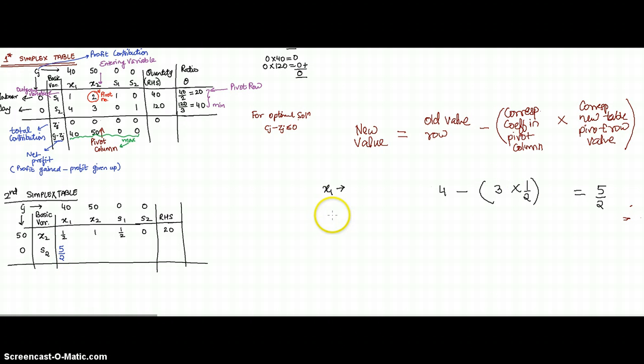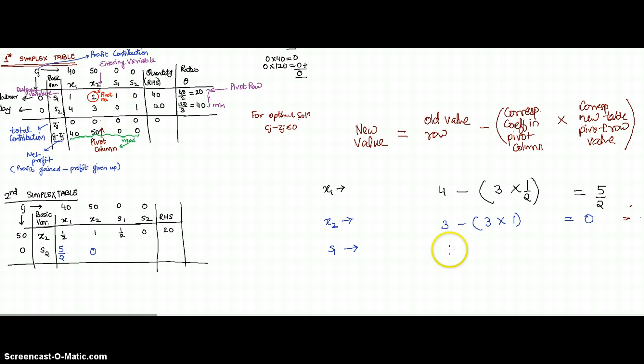Okay, similarly, if we have to calculate for x2, again we check here, it is 3. 3 minus the corresponding coefficient in the pivot column, which is here 3, into the corresponding new table pivot row value. So this is the new table. We are looking for the value here. So 1. So this will give you 3 minus 3, which will come here. Now we look for S1. For S1, we check the corresponding value.